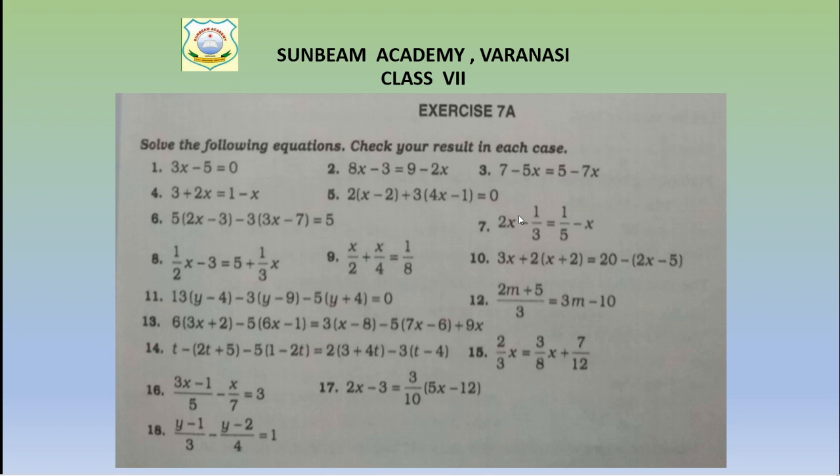So quickly write down the question in your notebook. Come on children, write down the question. I am also writing on the board. Meanwhile, just write down question number 3 only.